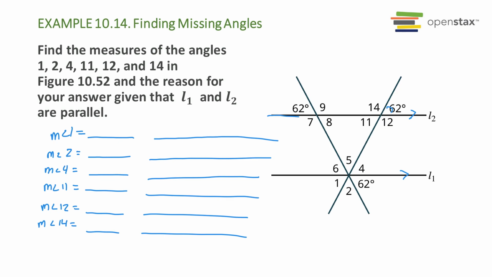Because L1 and L2 are parallel, and we have this transversal here, then 62 degrees and angle 4 are corresponding to each other. So the measure of angle 4 is also going to be 62 degrees because of corresponding angles.